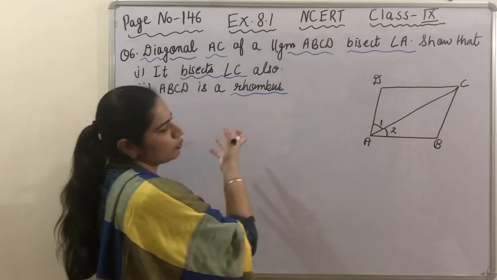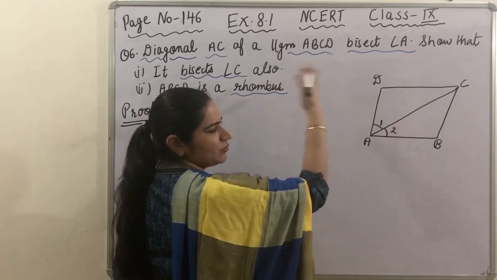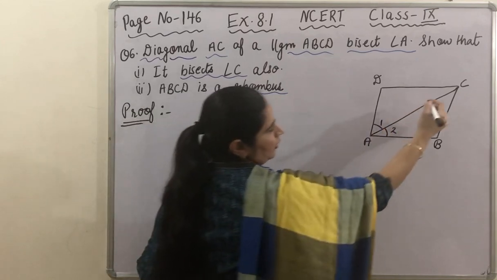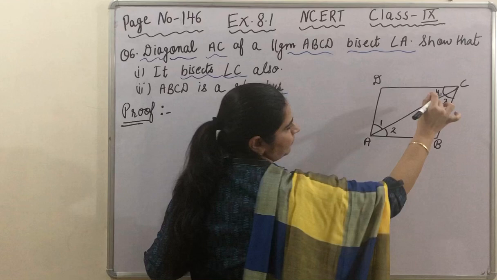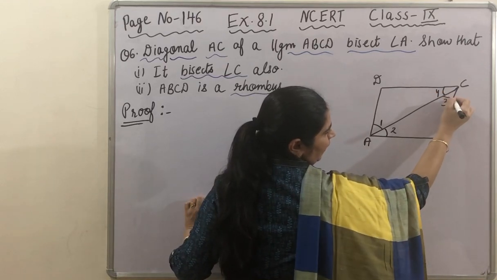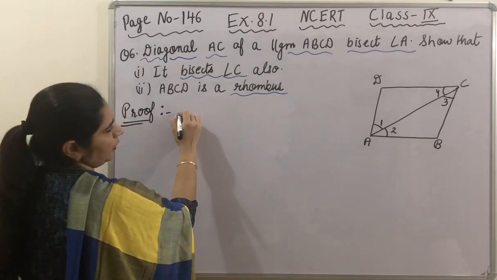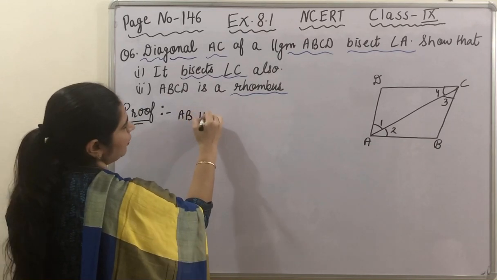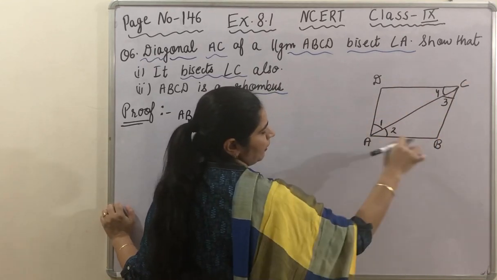Whenever you have to prove a question, give the name of the angle, label the angle here, and then just come to the proof part. Here these two I am giving as angle 3 and angle 4. Now we can write AB is parallel to DC because ABCD is a parallelogram.